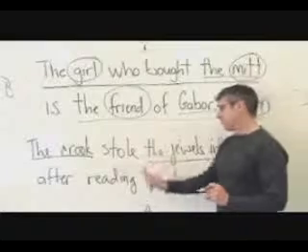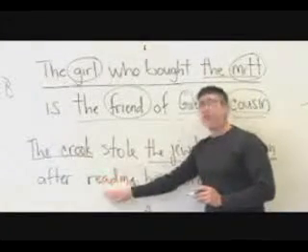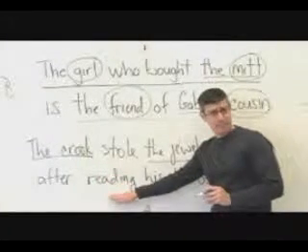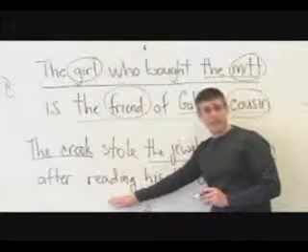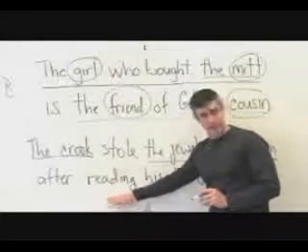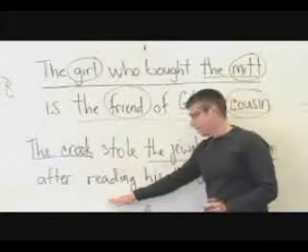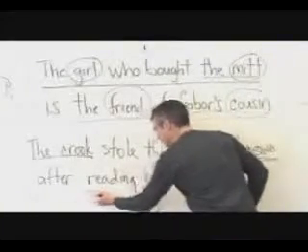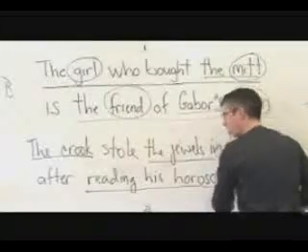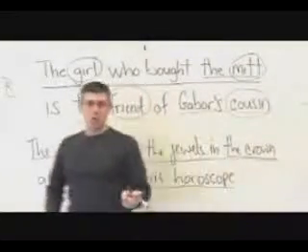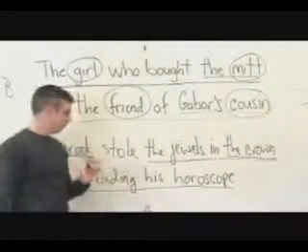We're going to see that the object is in fact reading. After reading, which tells us that reading is a gerund. It is the ing form of a verb functioning as a noun. And reading his horoscope is therefore another nominal phrase.